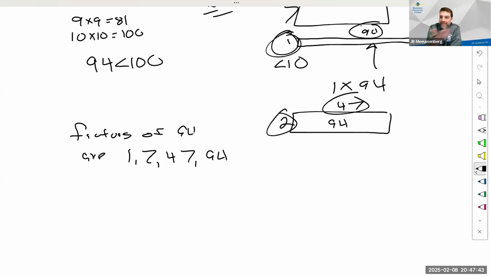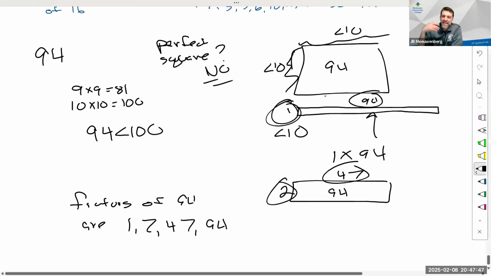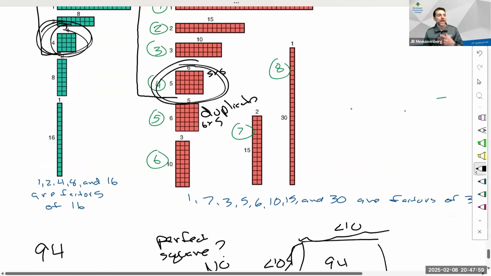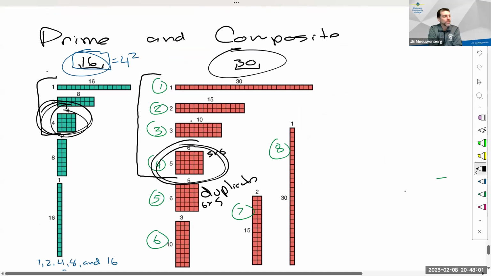What are those lengths and widths of your arrays, right? So that's this idea of how do we find the factors of a number using the arrays, and also how can we draw some conclusions about the side lengths. And so the point is, if you go back to, and I apologize, I just described it poorly there for a minute.